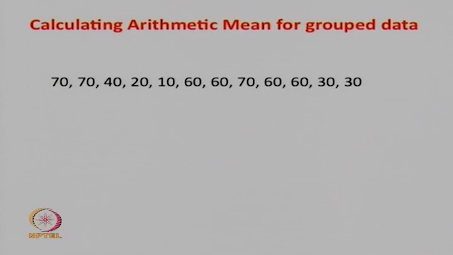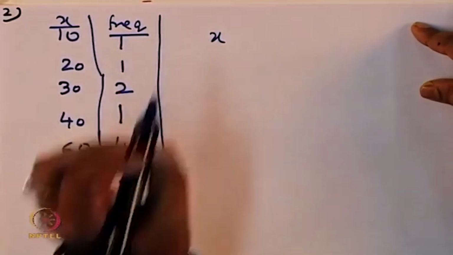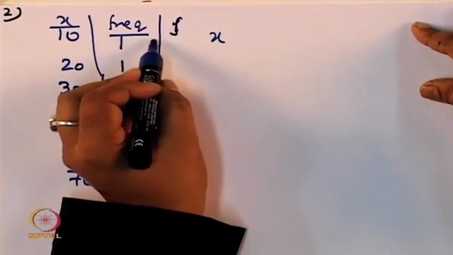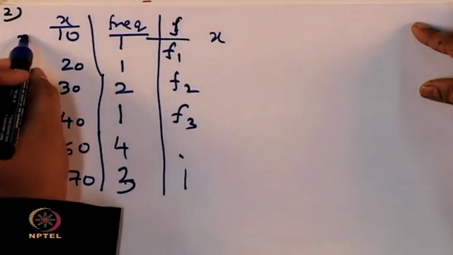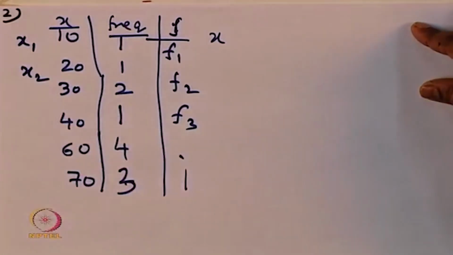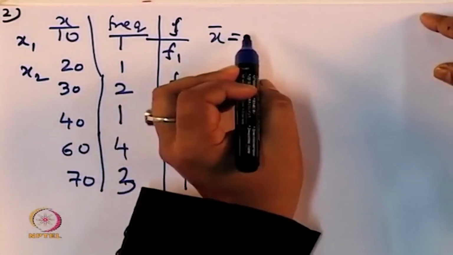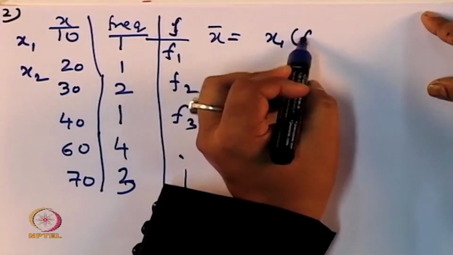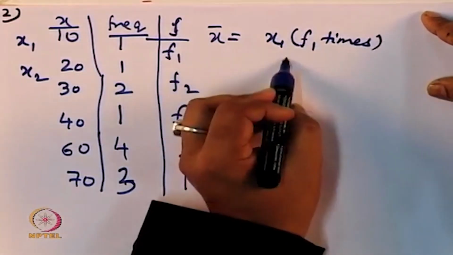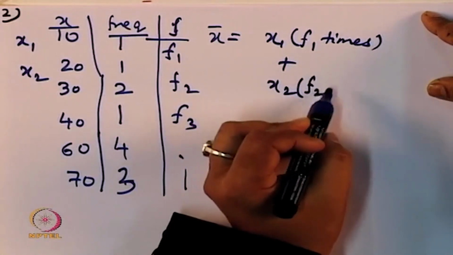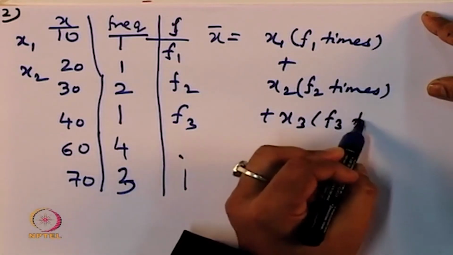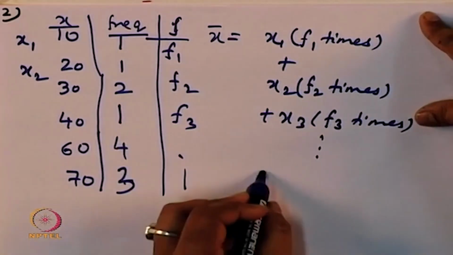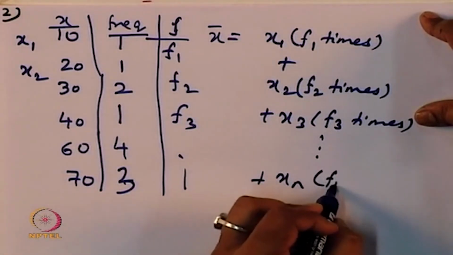If I were to go back to the way we calculated our average, in general we can write the frequencies as f1, f2, f3, and so on, and the values as x1, x2. So, we can calculate x bar as x1 times f1, plus x2, which has been repeated f2 times, plus x3, which is repeated f3 times, and so on, plus xn, which has been repeated fn times.